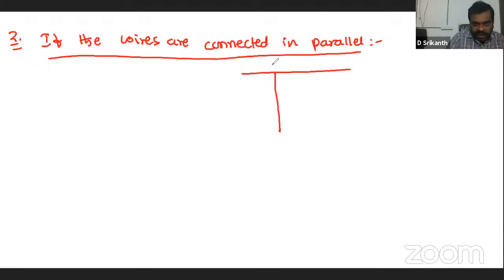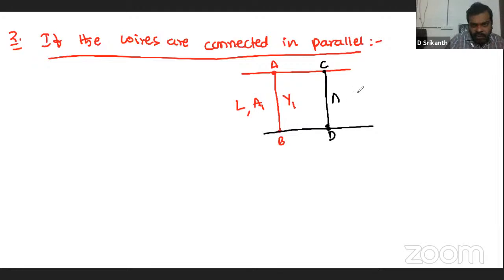Here it is A, and this wire is having a length L, area A1, Young's modulus as Y1. And the other has area A2, Young's modulus Y2.